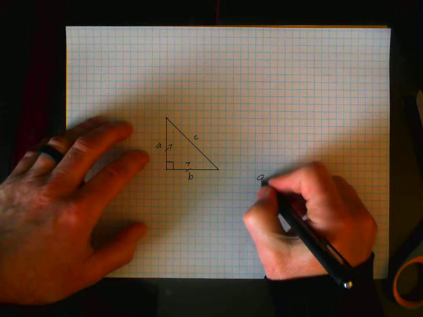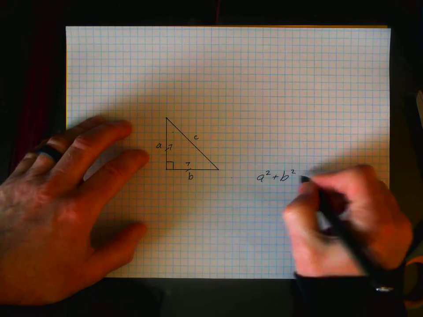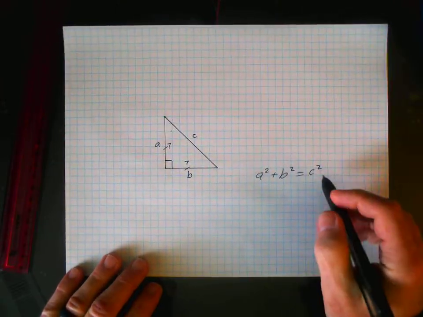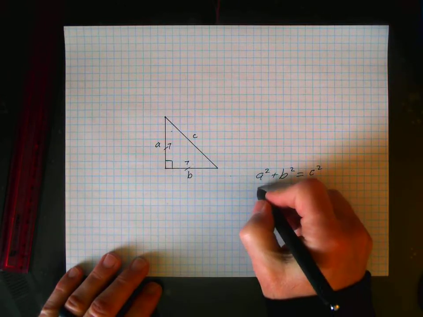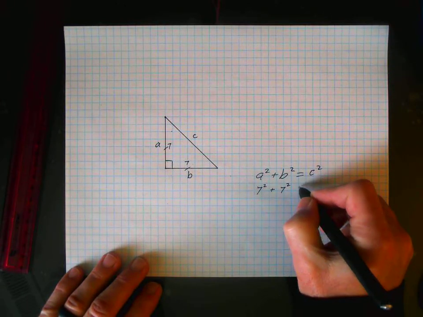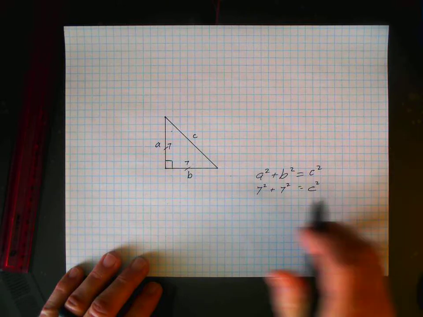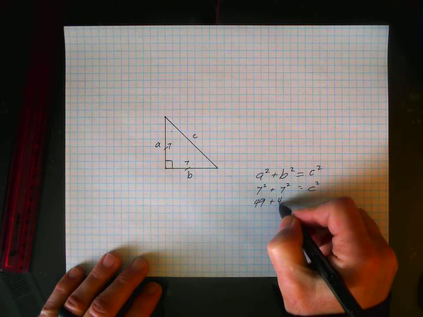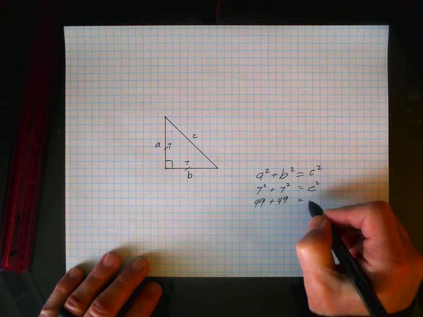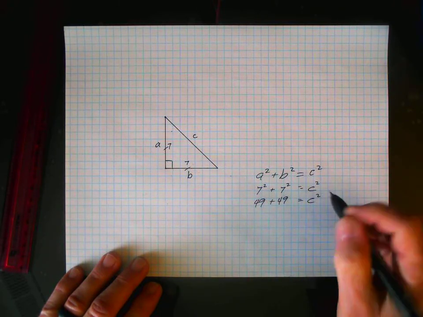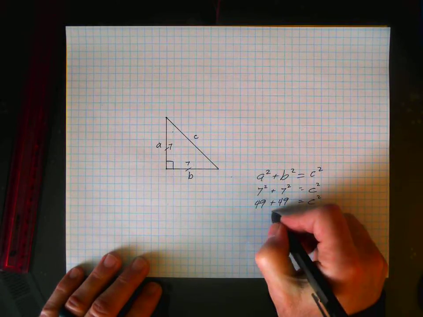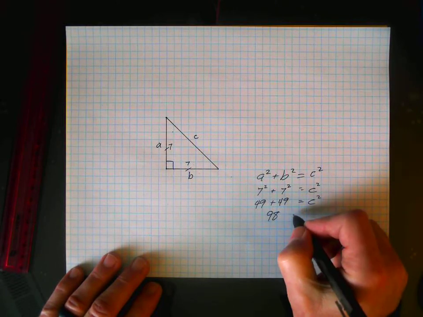So if we have a squared plus b squared equals c squared, then a is 7, b is 7, and 7 squared is 49, plus 49 equals c squared. 49 plus 49 is 98.